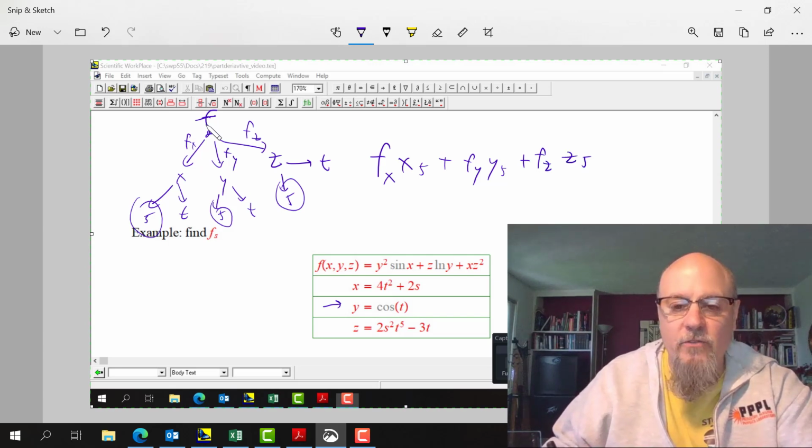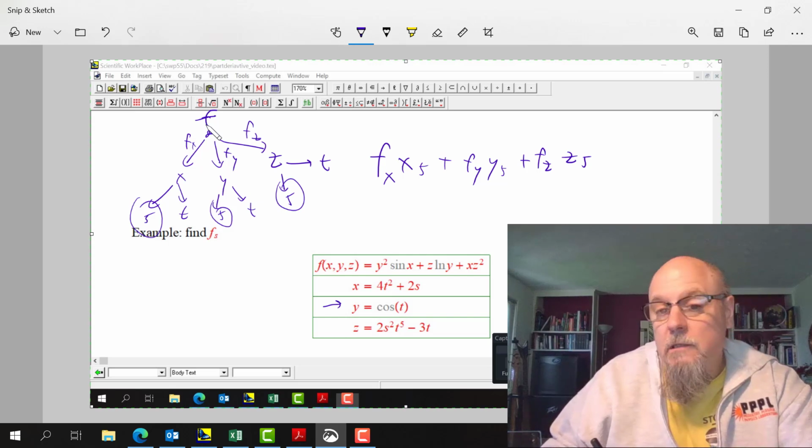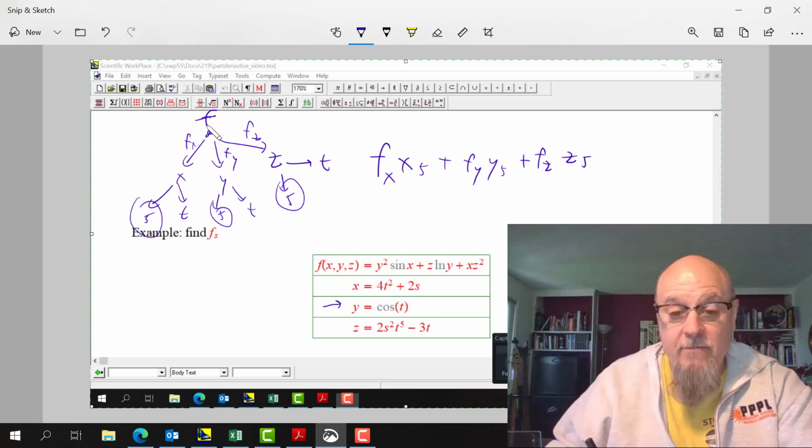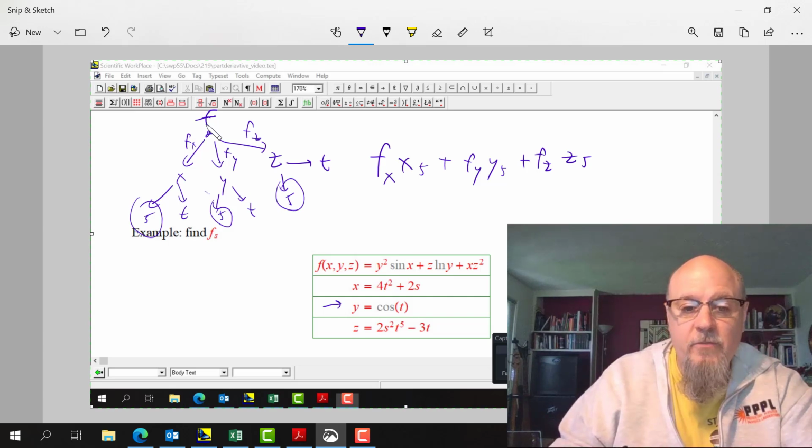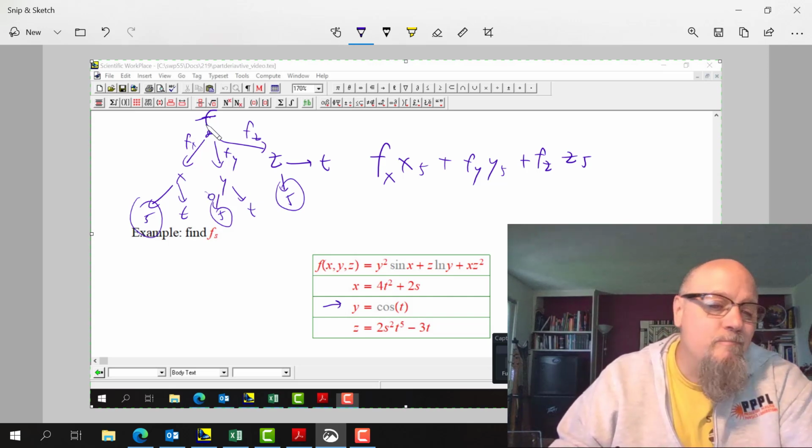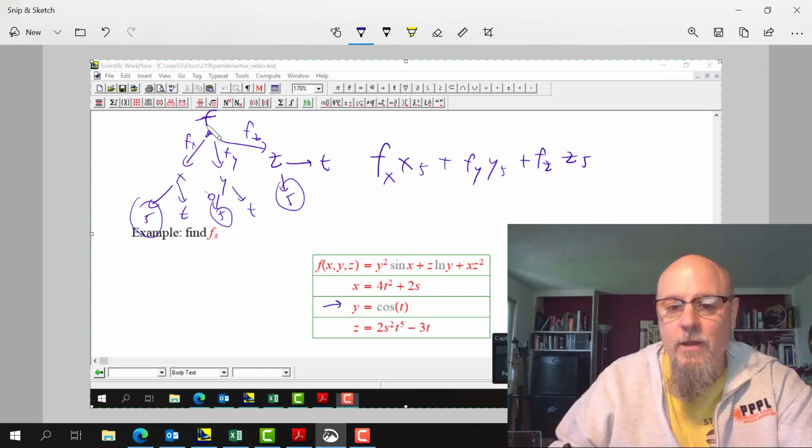And I'm going to add those all together. Now, let's clean this up right away if we have it here. y sub s is 0. So this y sub s piece is 0. It's still there. When I throw 0 in, this whole piece will disappear. That's fine. The tree can handle it.